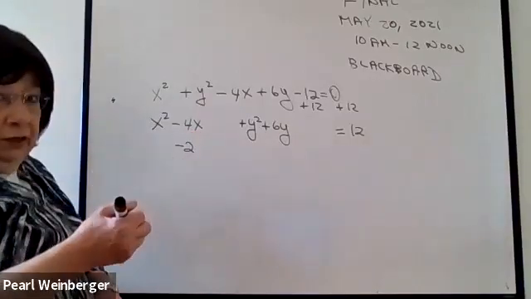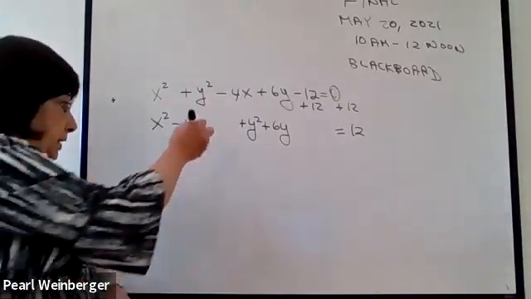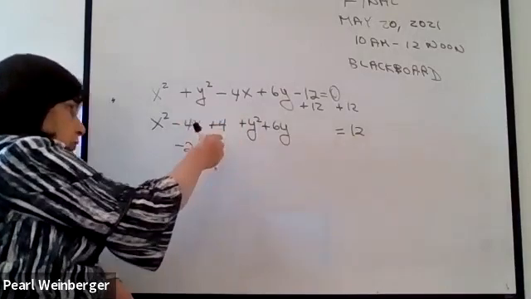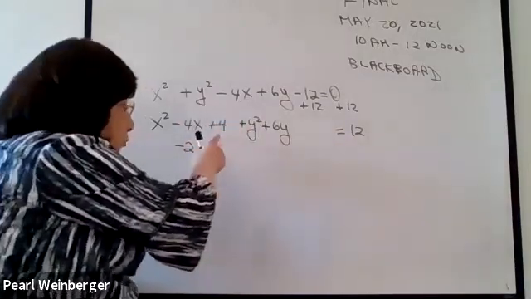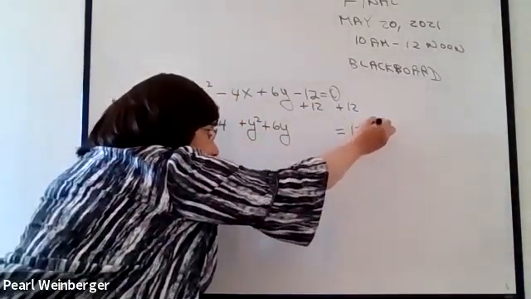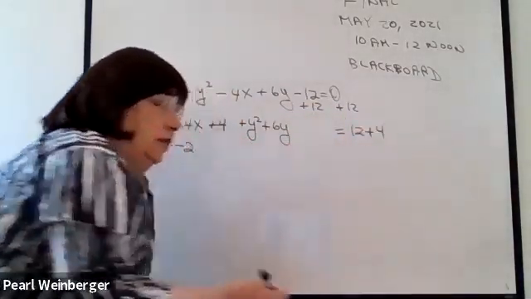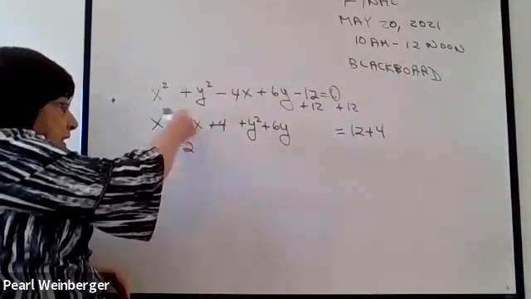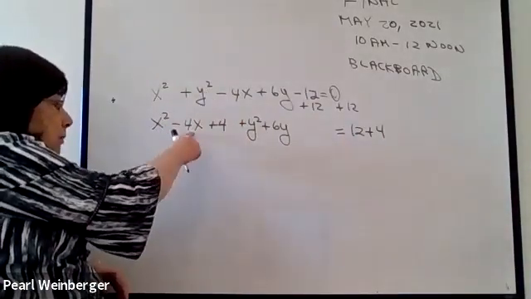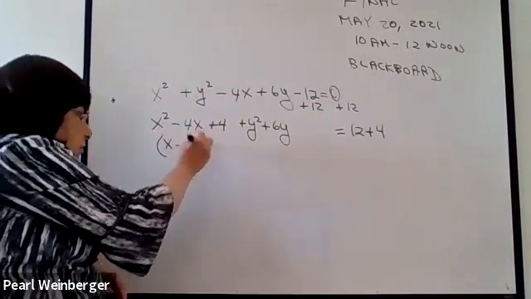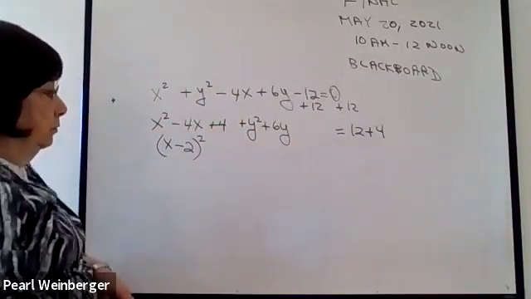And what you do with that number is you square it, you multiply it by itself. -2 times -2 is +4, and you add +4 over here. Now, of course, whatever you do to one side, you've got to do the other side in order to make sure that you're maintaining your balance. And then this expression, x squared minus 4x plus 4, becomes x minus 2 squared.